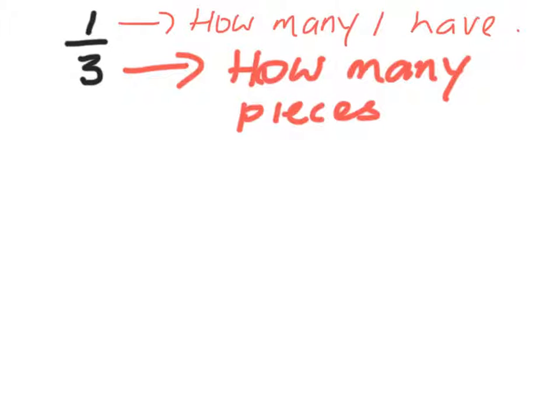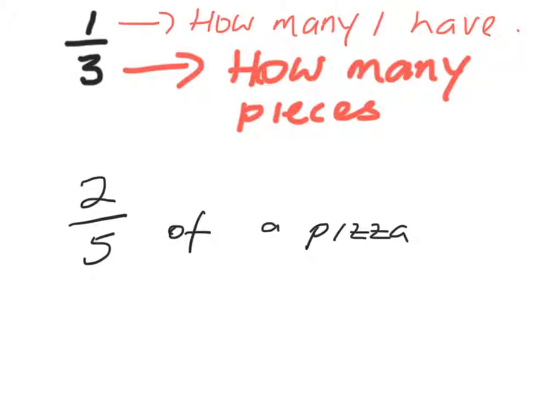Alright? So, if I say, for example, that I have 2/5 of a pizza, well, what you would do, you would imagine a pizza that's split into 5 equal parts, okay?